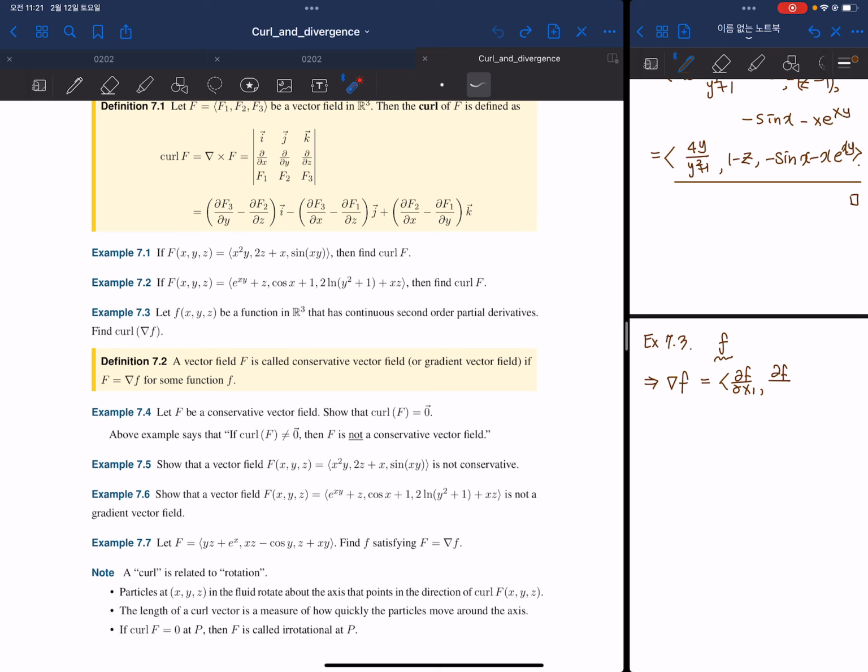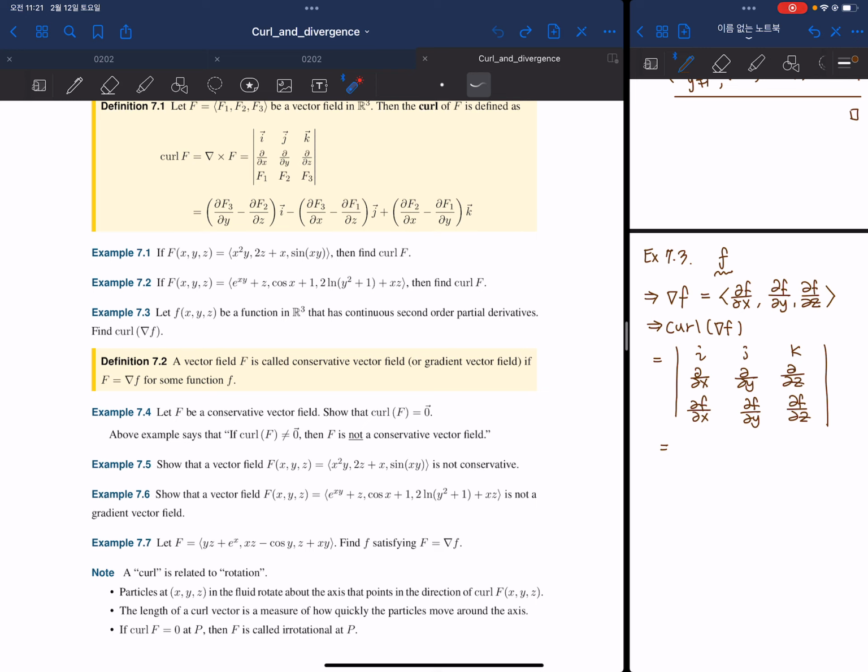I think it would be better to use x, y, z instead of x1, x2, x3, because in the example here it says that it has three variables x, y, z. So then let's use x, y, z here also. We want to take a curl of the gradient f. So we just calculate it as we did before, ijk and ddx, ddy, and ddz, and we have df dx, and then df dy, and df dz.